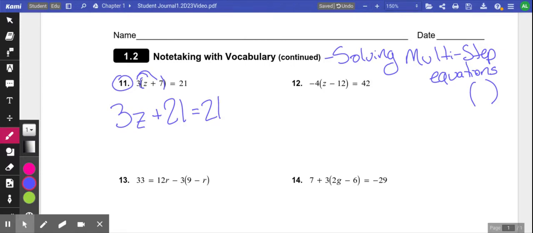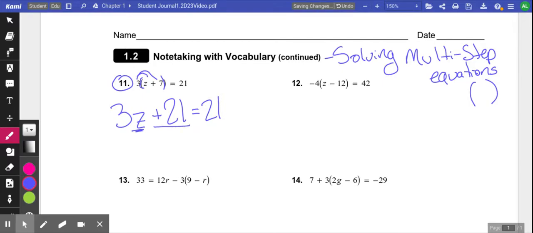Sometimes people get confused on which step they should do first. Usually what you want to do is undo any of these terms. So if you have a separate term, you want to undo that by addition or subtraction. You're trying to get this variable on its own. So first thing, we need to get rid of this other term.